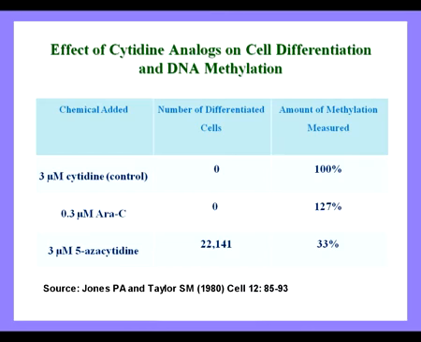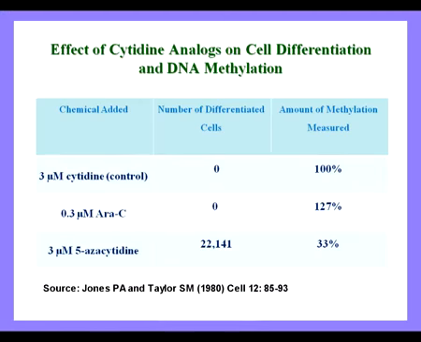Whereas the experiment containing 3 micromolar 5-azacitidine showed remarkably different results compared to the control and arabinose cytosine. 22,141 cells were found to be differentiating. That means they showed some differences in their morphology, which was taken as the initiation of differentiation. And if you compare it with the methylation pattern, only 33% of the CpG islands were methylated. This suggests that methylation has a direct correlation with cell differentiation.